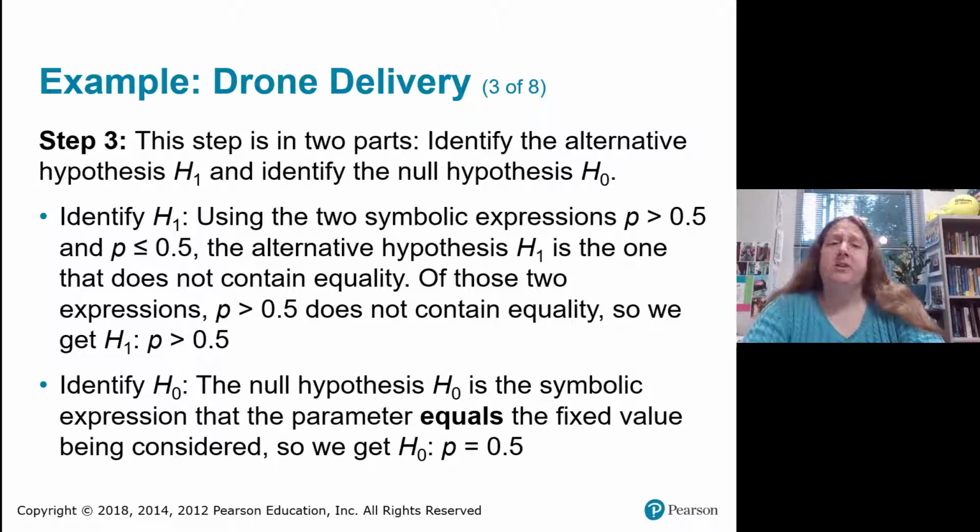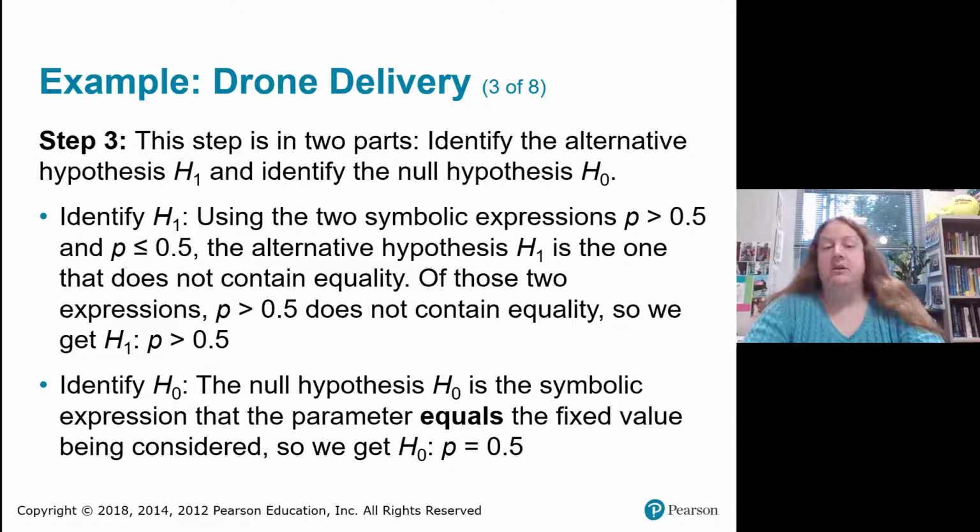So we're going to identify our alternative hypothesis. Using the two symbolic expressions that we have, p is greater than 0.5 and p is less than or equal to 0.5, well, neither one of those is an equality. They're both inequalities. So we need to decide which one's going to be the alternative hypothesis. It's the one that doesn't have the equal sign as a part of it, right? Less than or equal to has the equality as part of it.